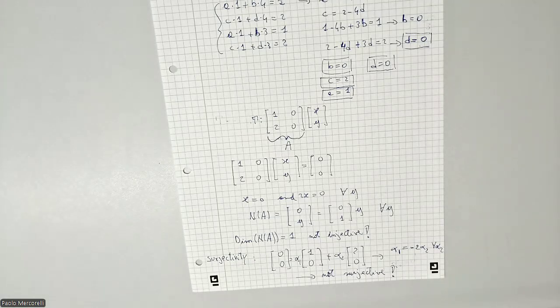But we will see next week. I will reconsider the dimensionality theorem, and we will introduce surjectivity, and then we will do exercises on injectivity and surjectivity more in depth.